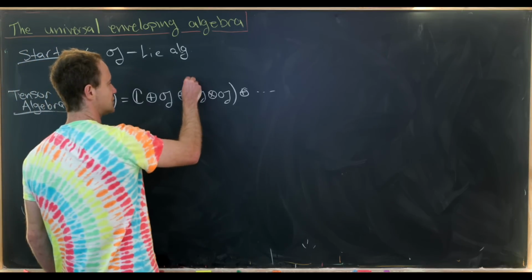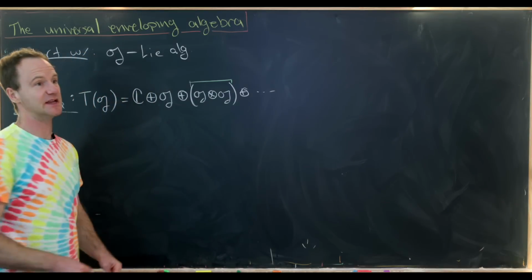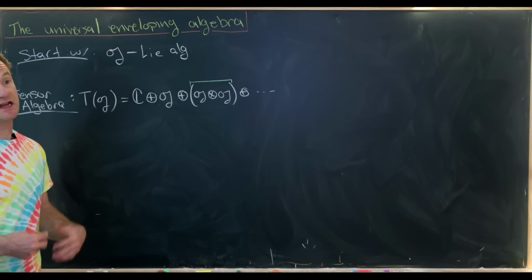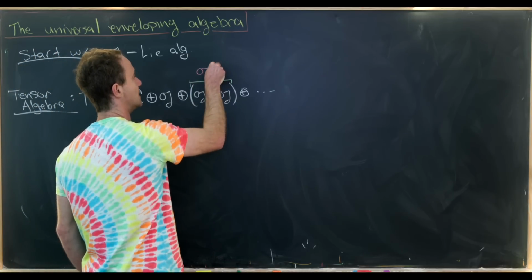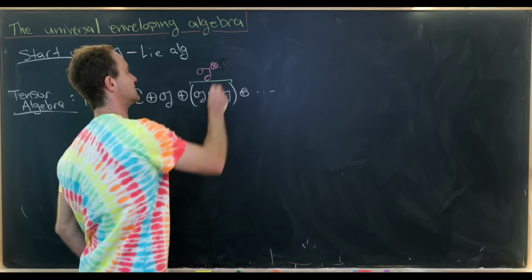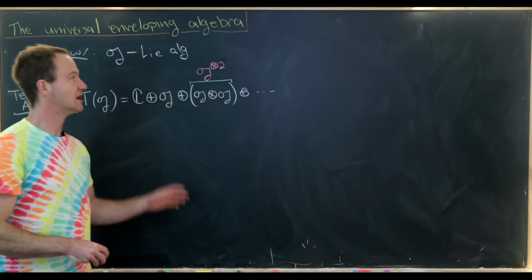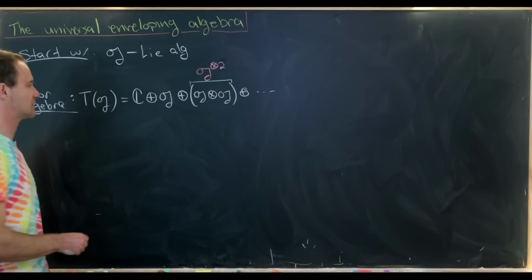Now, I'd like to introduce a little bit of notation that will help us out here. And that is when we take a tensor product of something with itself, we have some notation, and that would be this tensor power. So it'll be G upper tensor 2 in this case. The next one would be G upper tensor 3, and so on and so forth.